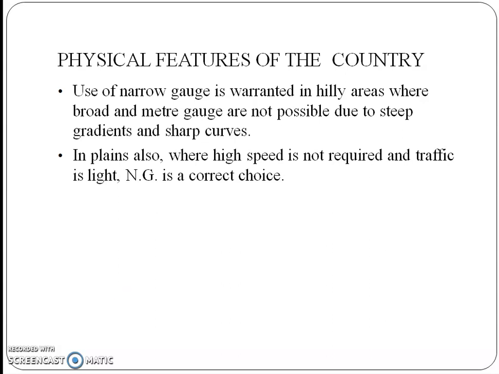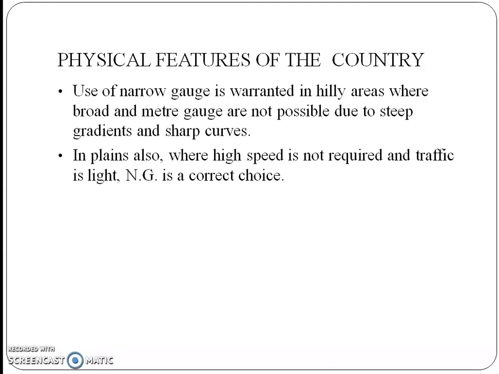Physical features of the country. Use of narrow gauge is warranted in hilly areas where broad and meter gauge are not possible due to steep gradients and sharp curves. In plains also, where high speed is not required and traffic is light, narrow gauge is a correct choice.